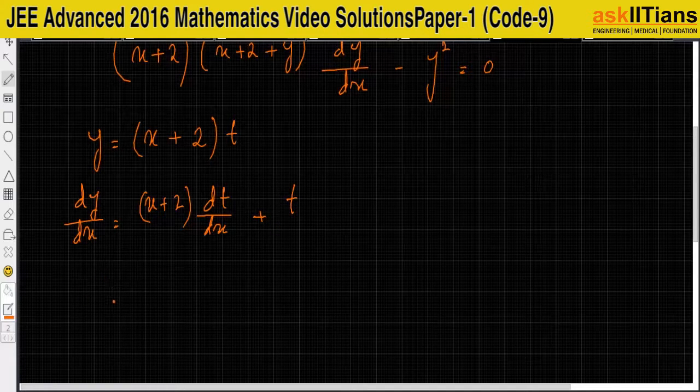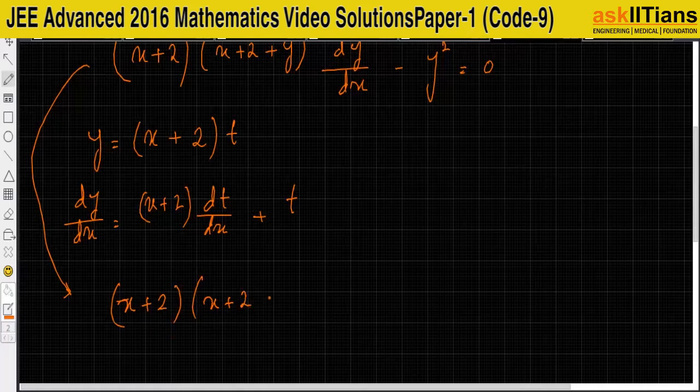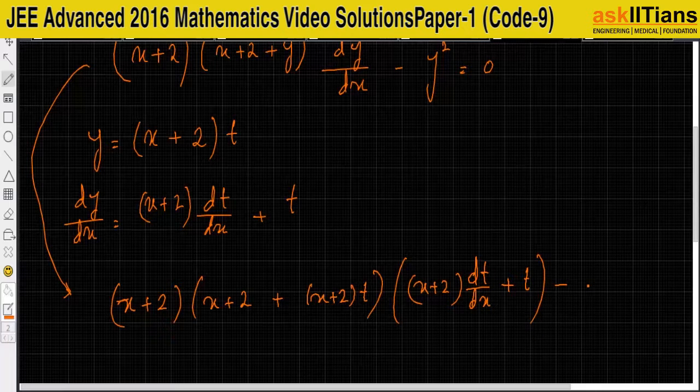Now I can substitute that here: x plus 2 multiplied by x plus 2 plus x plus 2 times t, this is the value of y, and dy by dx is nothing but x plus 2 times dt by dx plus t, minus y square. Y square will be t square into x plus 2 whole square, this is equal to 0.